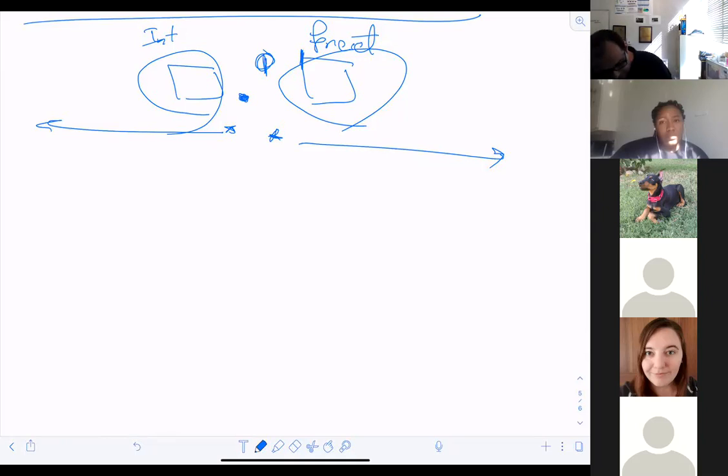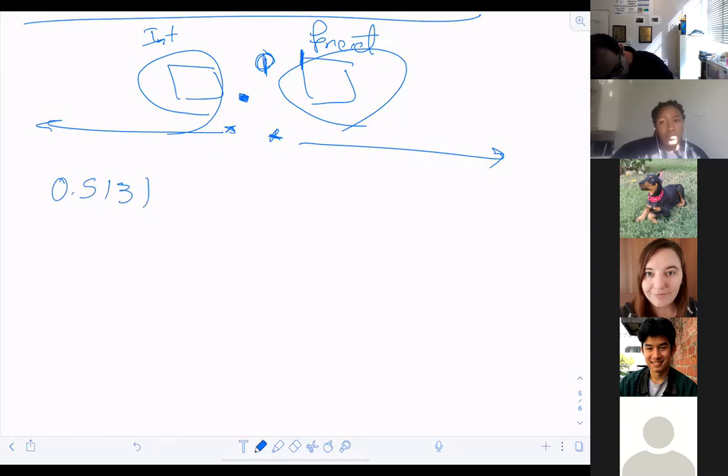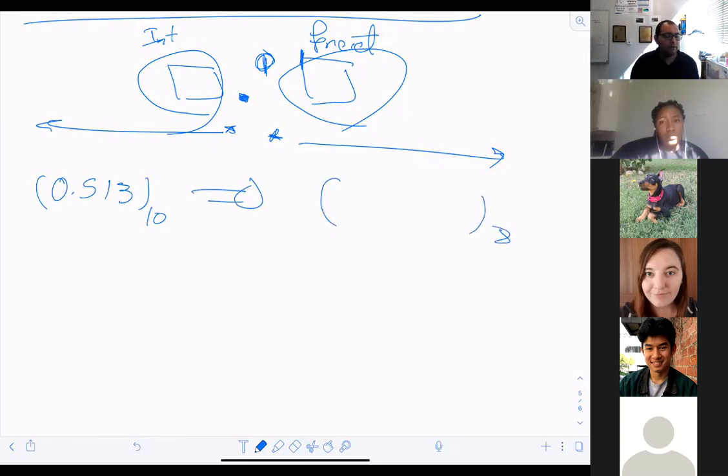So let's say that I have 0.513 in decimal. Now it's a fraction, right? And I want to convert it to something in octal. So we said in a fraction, we're going to multiply with the base.